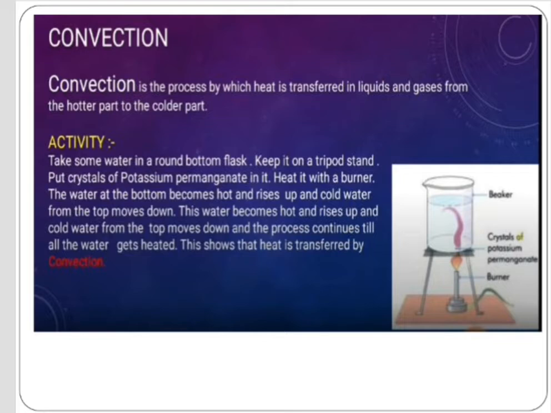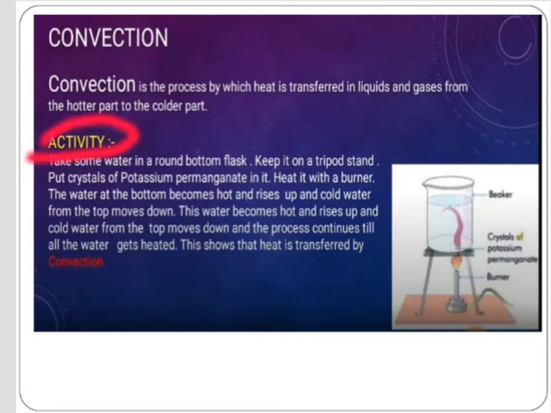Okay, and the transfer of energy in a liquid or gaseous form. When part of a gas or liquid is heated, the particles move faster and spread out more. Okay.